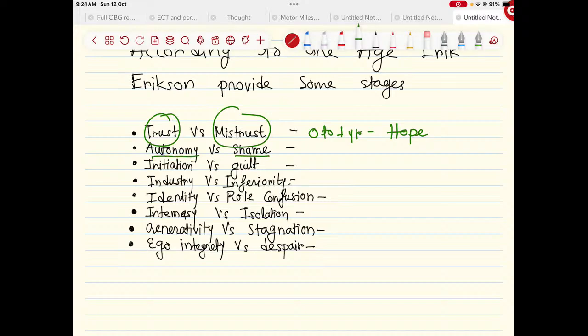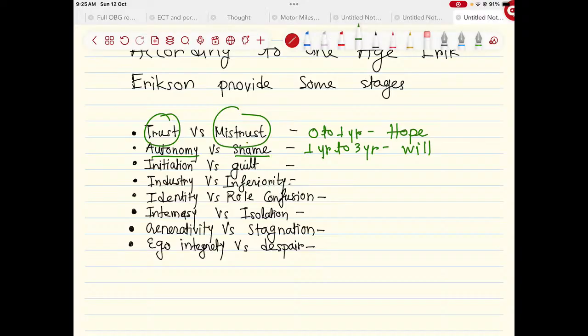And the next, autonomy versus shame. The age is between 1 year and 3 years. Here they get willpower, so they think, I can do it.